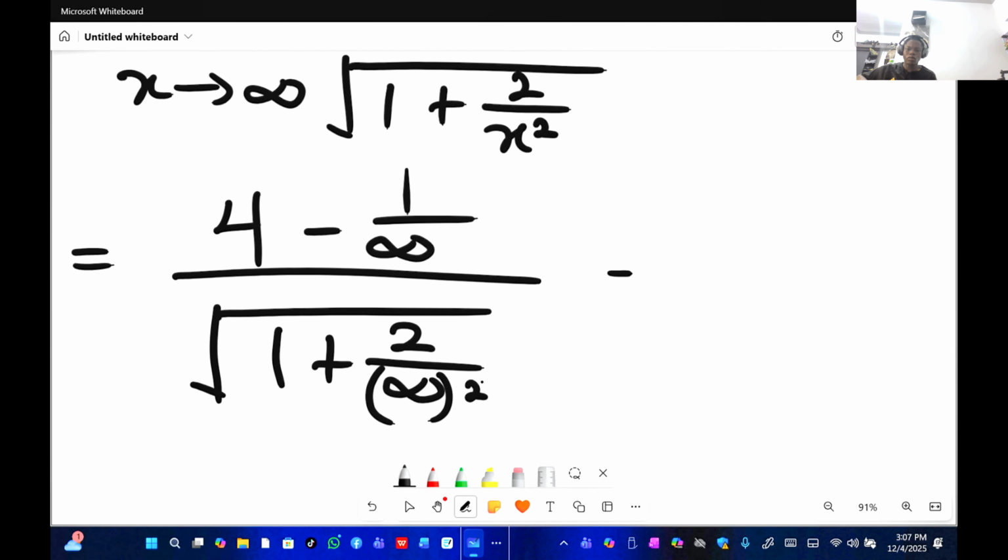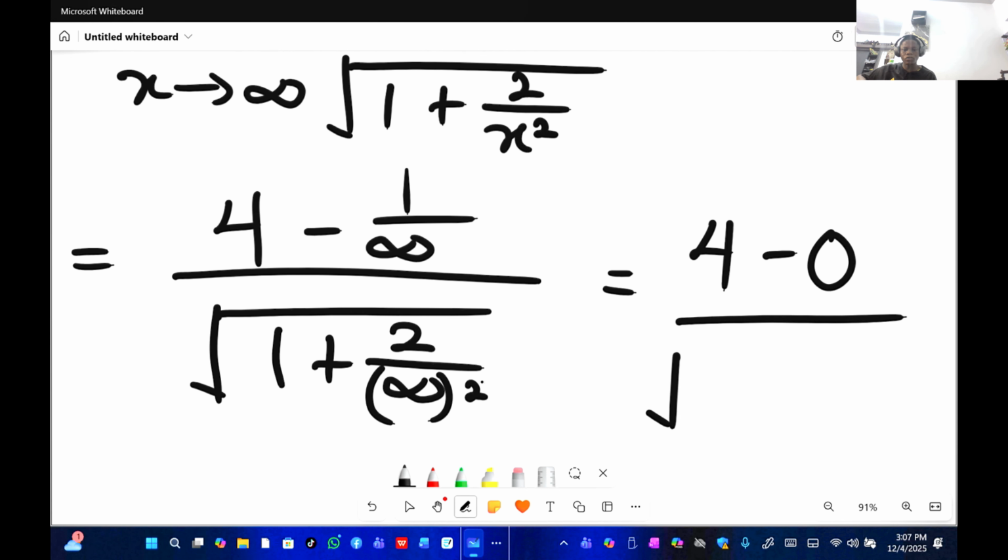We learned that any constant divided by infinity will give us 0. So here becomes 4 minus 0, divided by the square root of 1 plus 0.